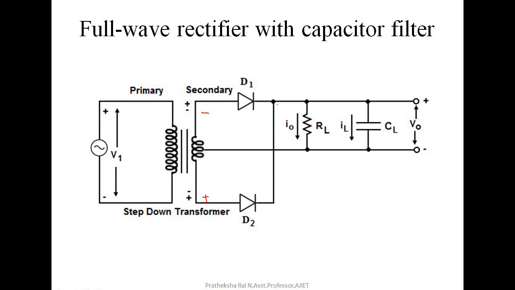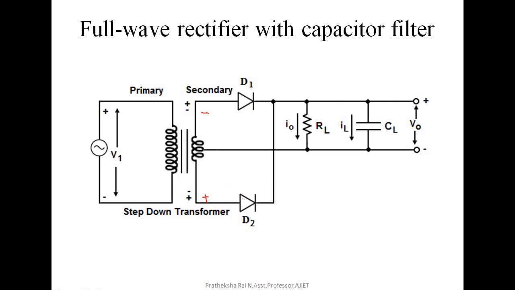Okay, once the output voltage starts reducing from Vm, what happens? The capacitor finds the potential difference, and it starts to discharge, because the load will have lesser voltage. Because of that, it starts discharging through a conducting path, and it discharges till what point?